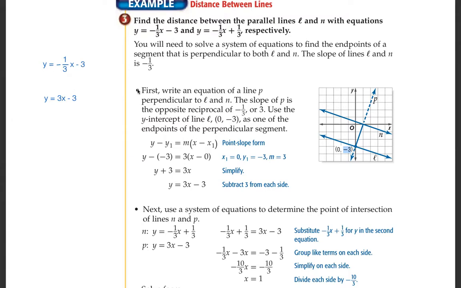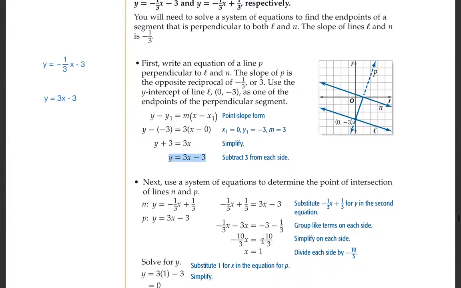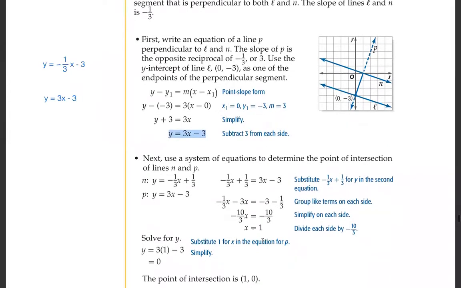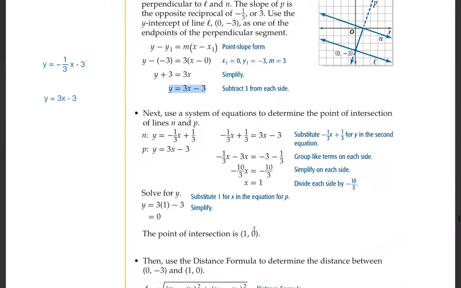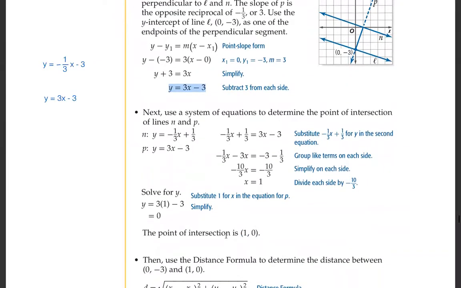Then we're going to combine these two equations after identifying the third equation, using systems of linear equations here. Then it gives you the value of the x and the value of the y.